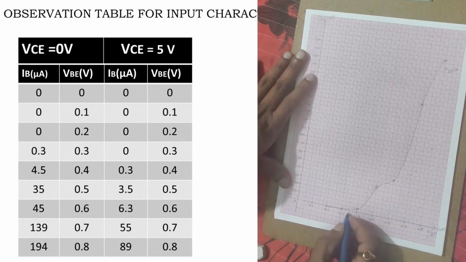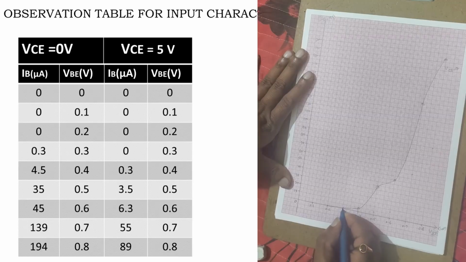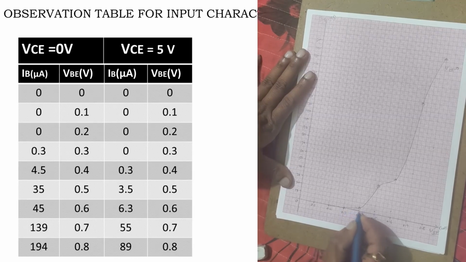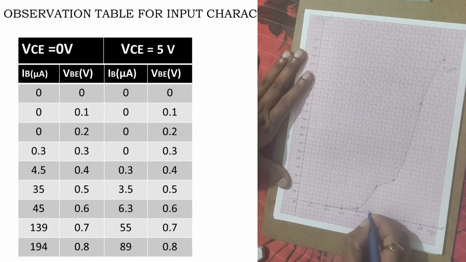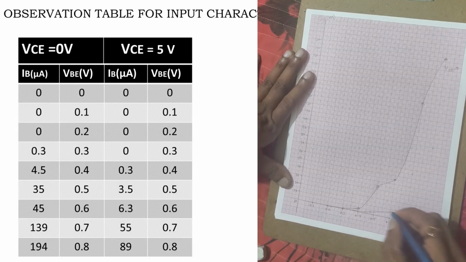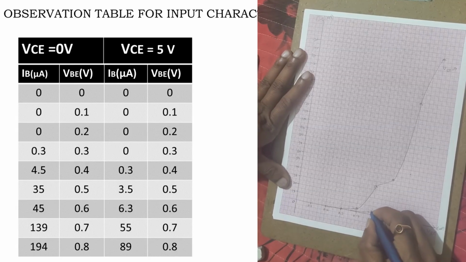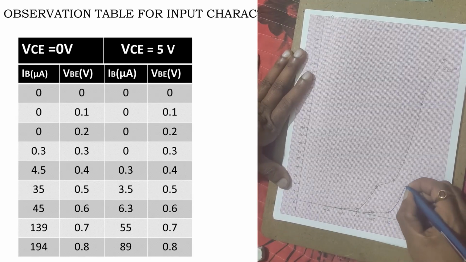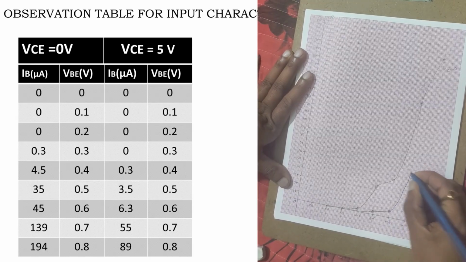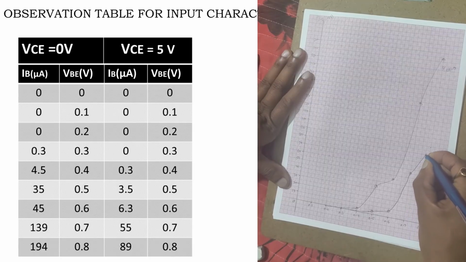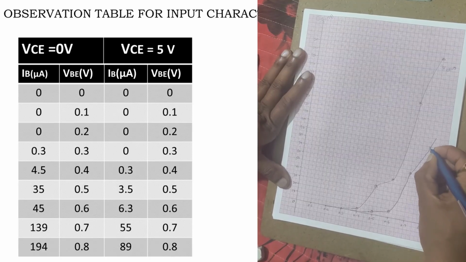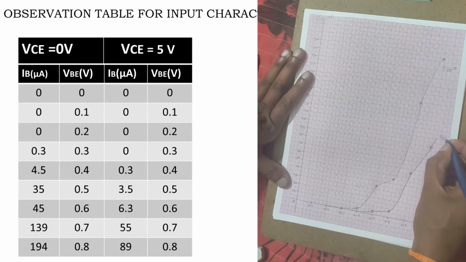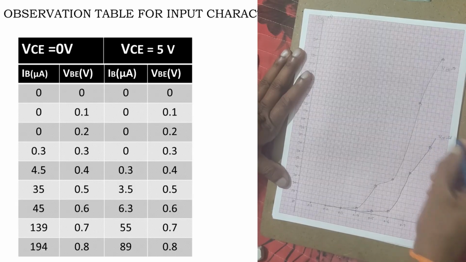By connecting all these points with free hand, this is for VCE equals 5 volts.